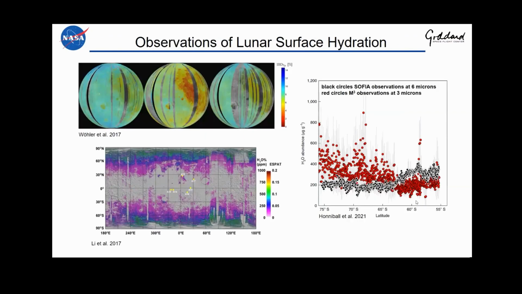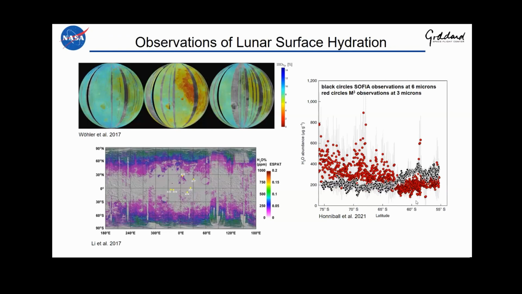There are also observations of widespread hydroxylation of the surface. Some observations have been done by Cassini and other missions, but here we'll talk about the M-cubed observations. The top figure shows how hydroxyl content is recognized through the 3-micron absorption feature.